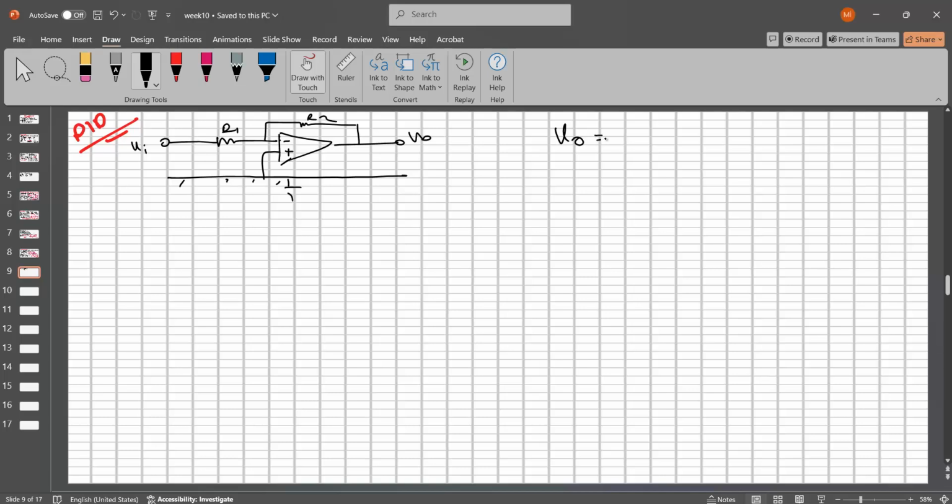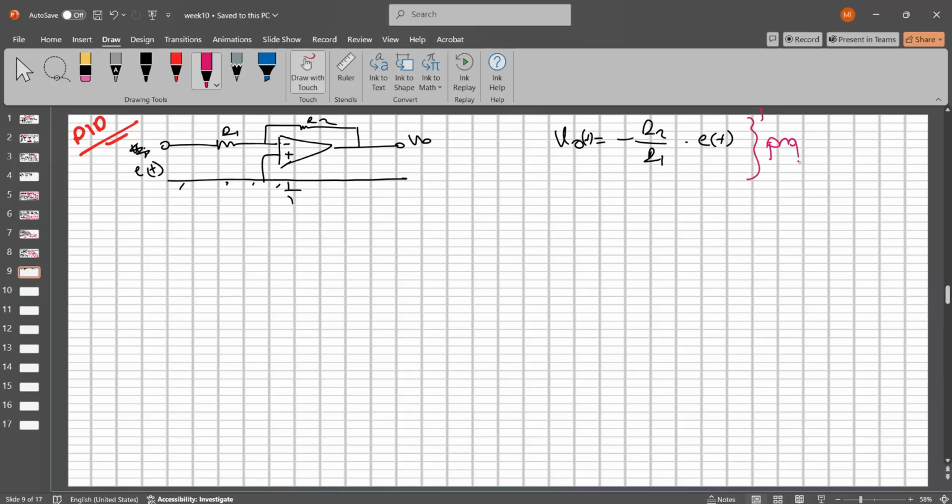What is the V0 in here? Times Vi, or we can assign the ET in here instead of using the Vi. ET is also a voltage in here, but the error voltage. And so this is the ET, this is the V0T, and so this is called the proportional op-amp.